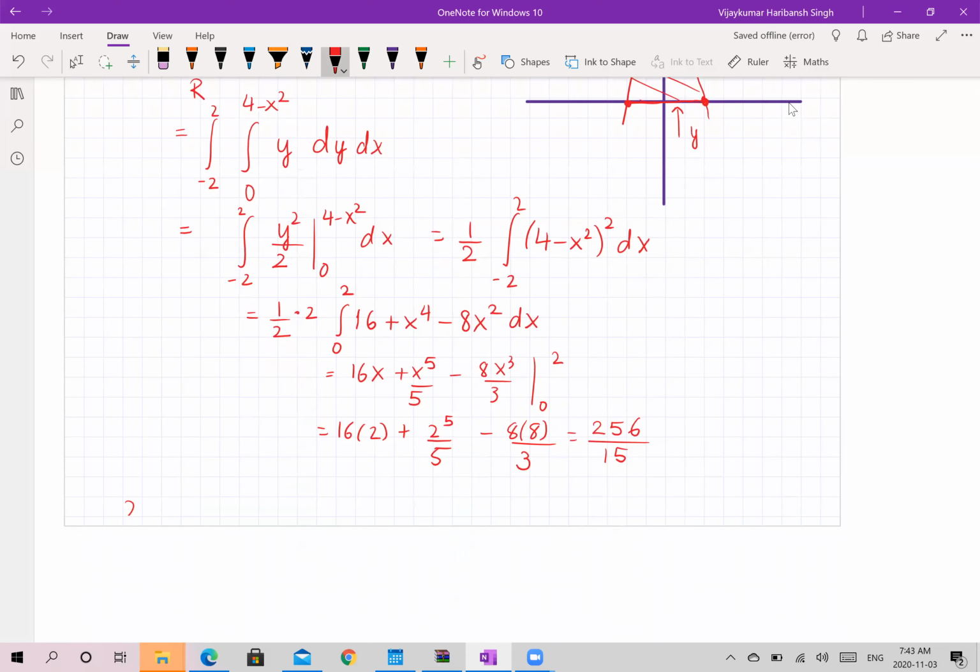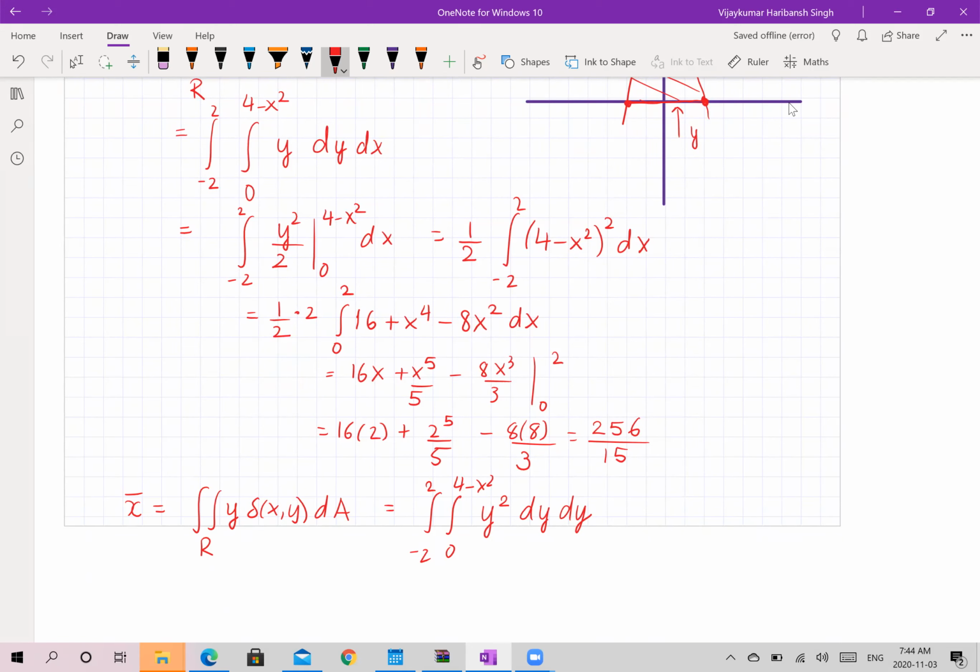So x bar is going to be the integral over region R of y delta(x,y) dA, which is the integral again from 0 to 4 minus x squared, from -2 to 2, of y times delta, so we get y squared dy dx.